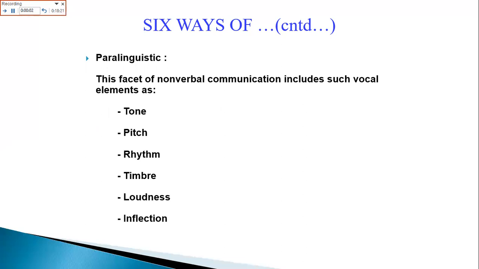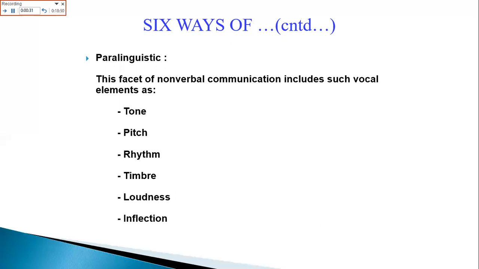We've seen paralinguistic before. I've mentioned previously, paralinguistic is a component of your speech expression.